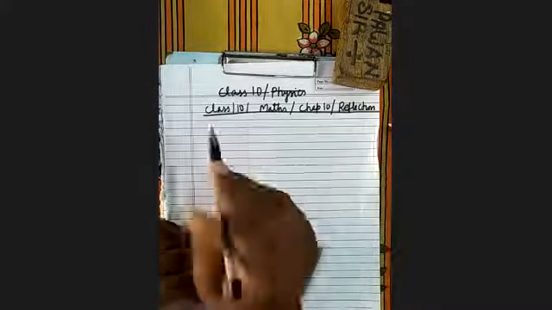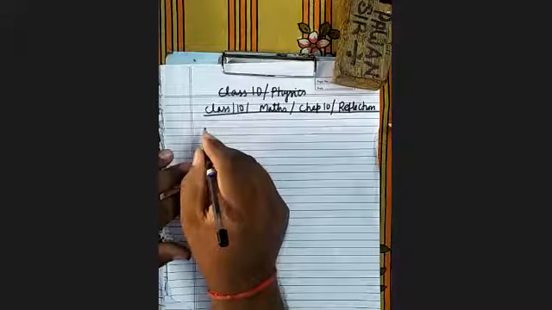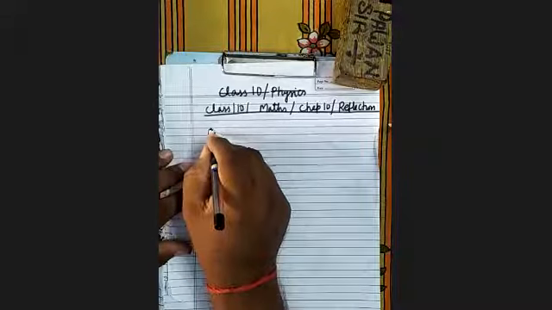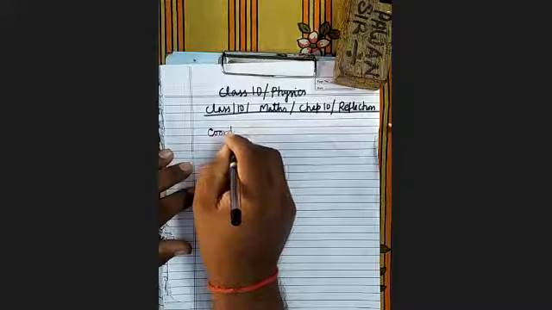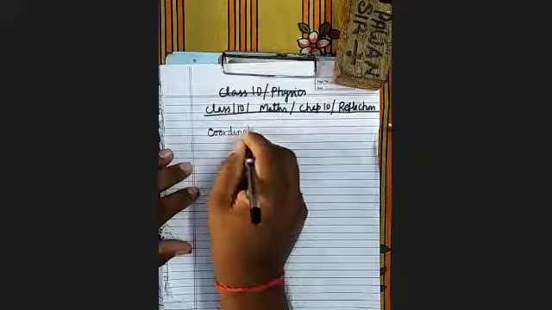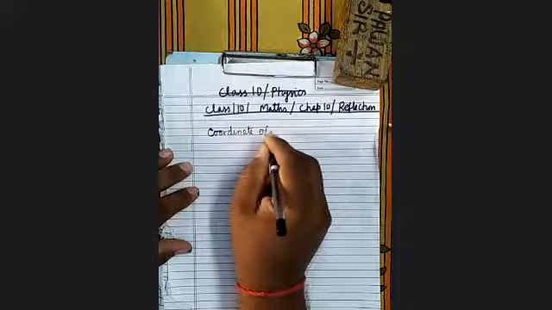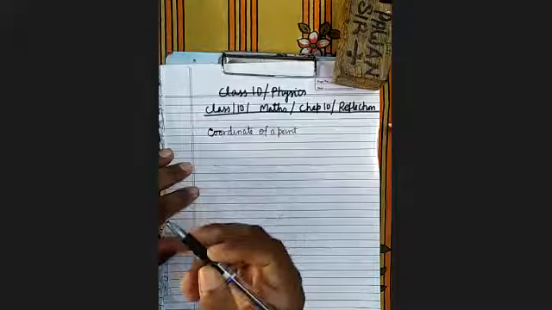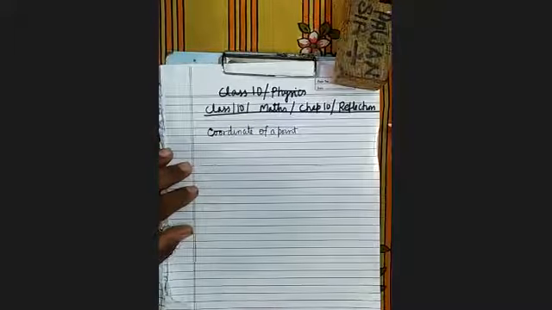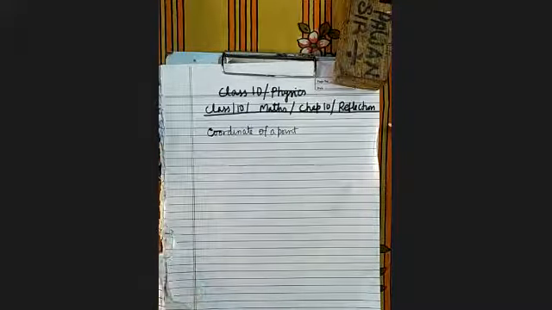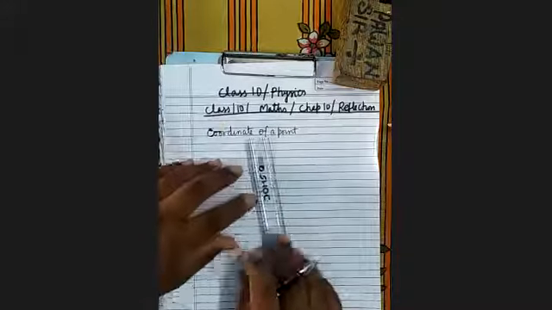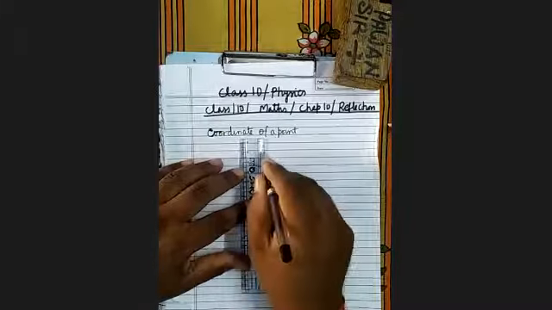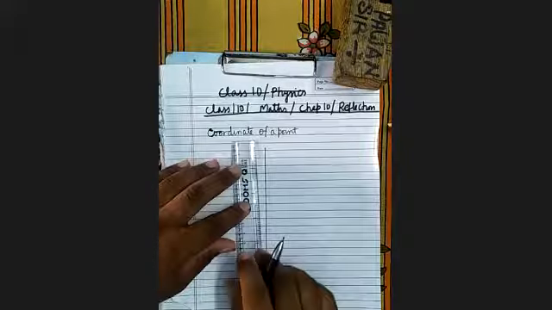Now first, you know the Cartesian coordinate of a point. So how will you find the coordinate of a point? You can see here, suppose this is the y-axis and x-axis.